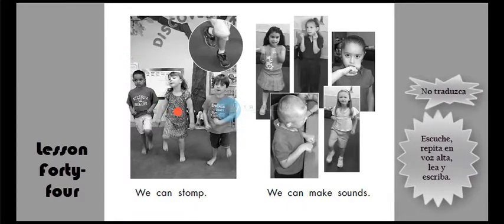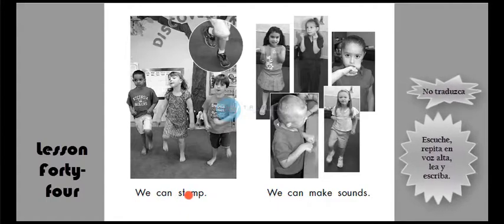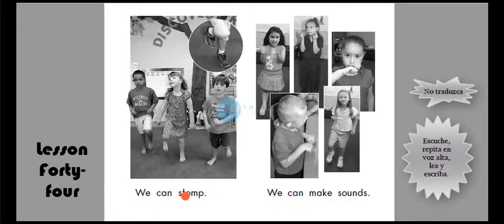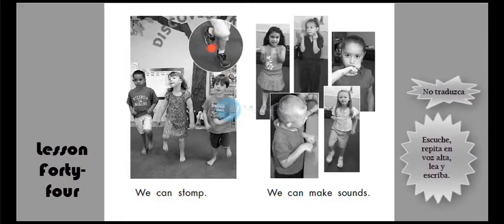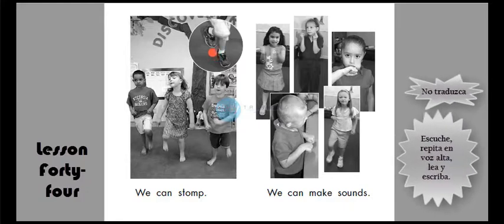Stomp. We can stomp. Uno de ellos dice we can stomp, hablando acerca del grupo. Y mire aquí en este círculo, the parts of the body that are used for stomping y cómo este child stomps.